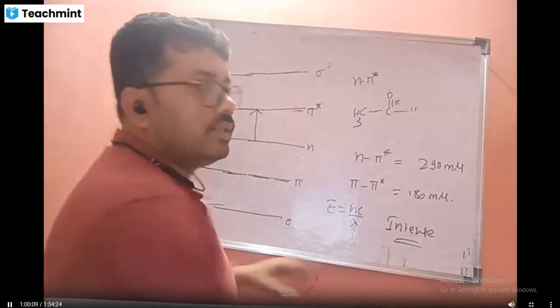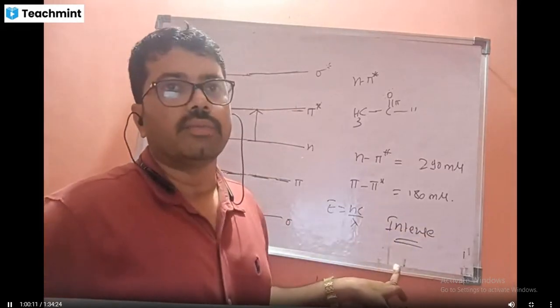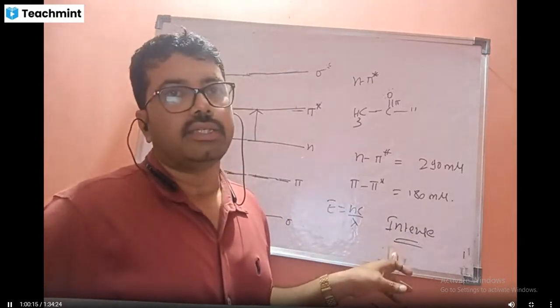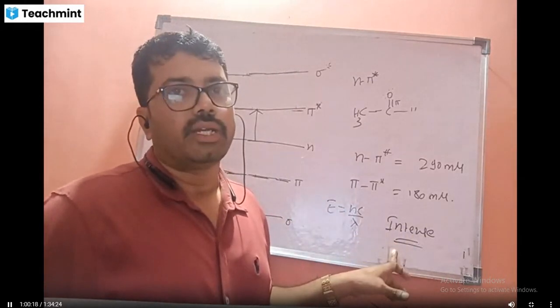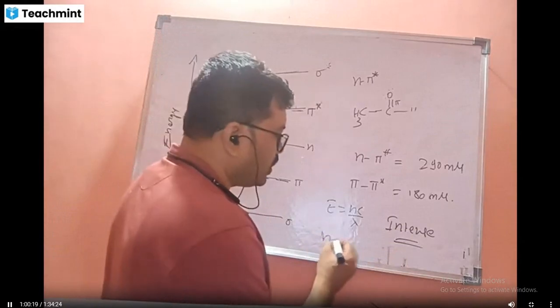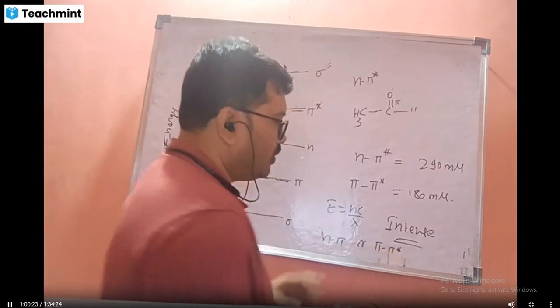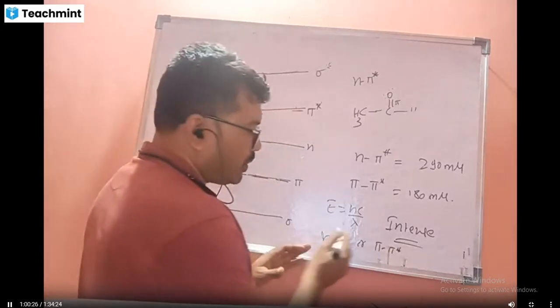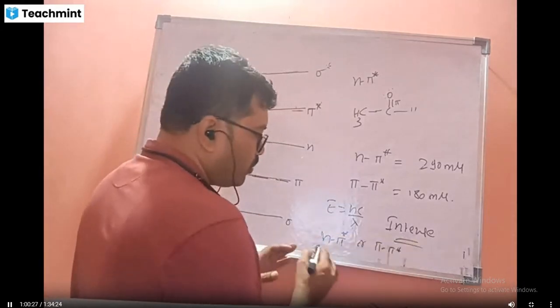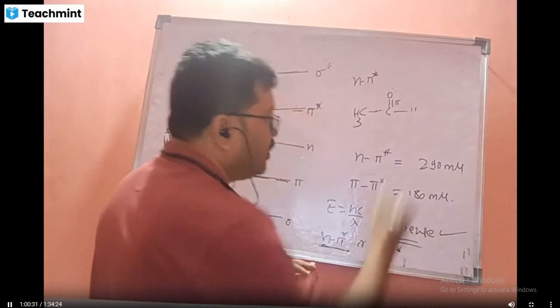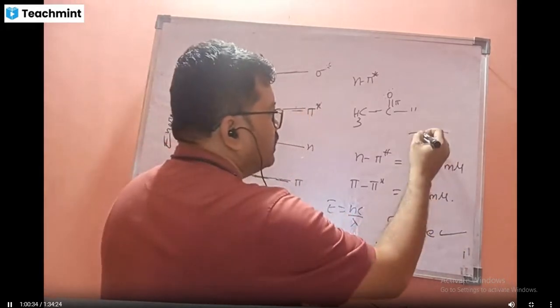Absorption occurring at lower wavelength is usually very intense. Hence it is quite easy to tell whether the transition is n to pi star or pi to pi star. If the absorption is more intense, it has two peaks.